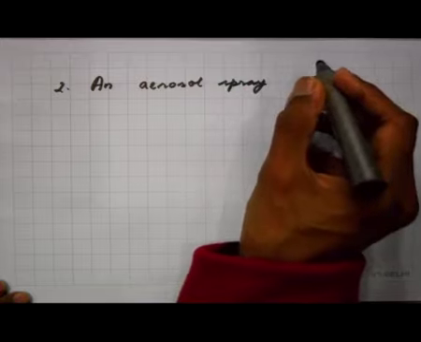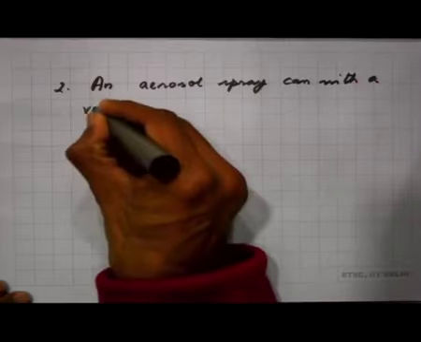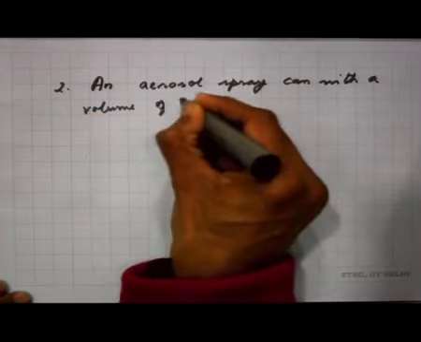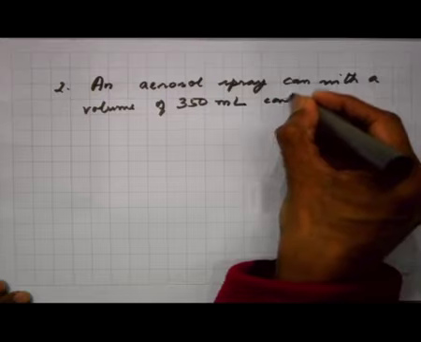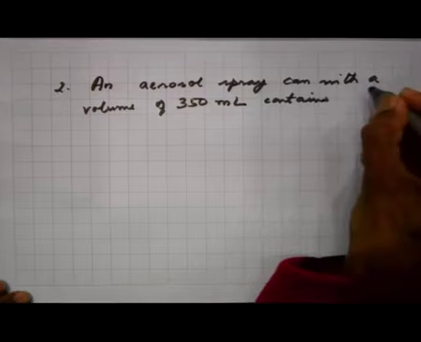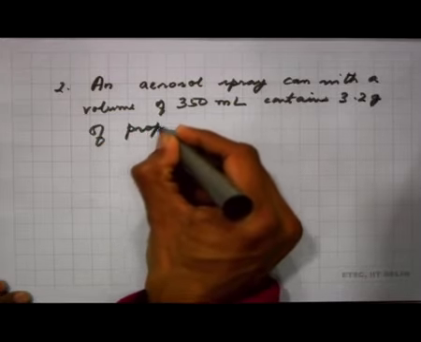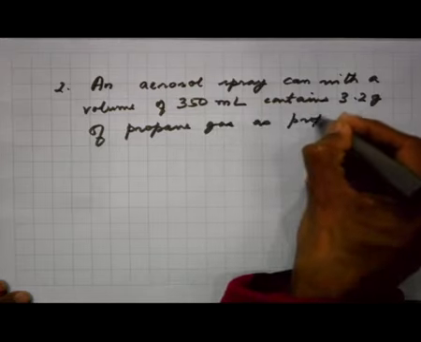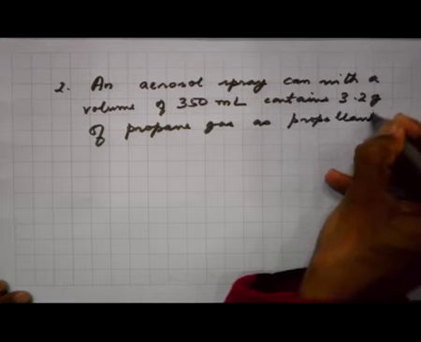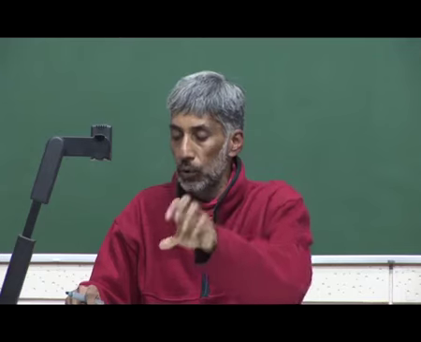So, an aerosol spray can, with a volume of 350 milliliters, contains 3.2 grams of propane gas as propellant. Whatever you have in that aerosol spray, if you want to get it out, you need a gas which will propel it out, and so that is what it is.